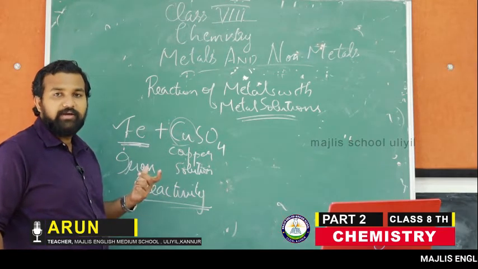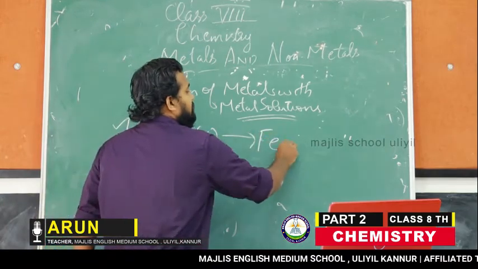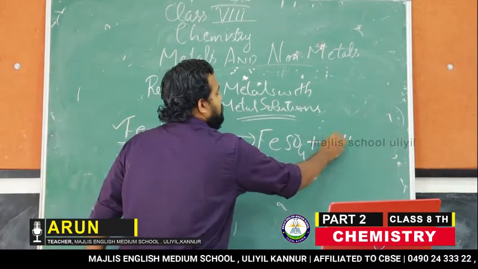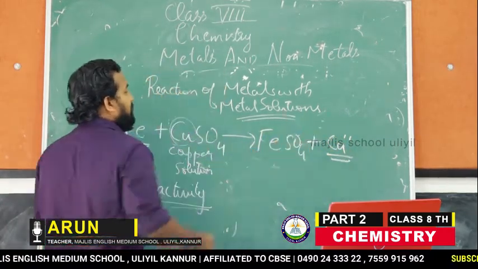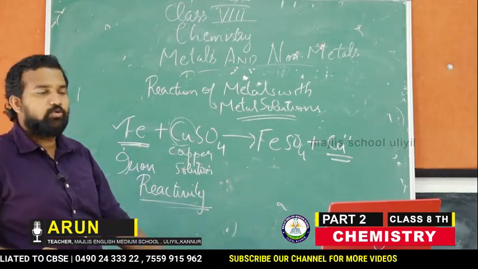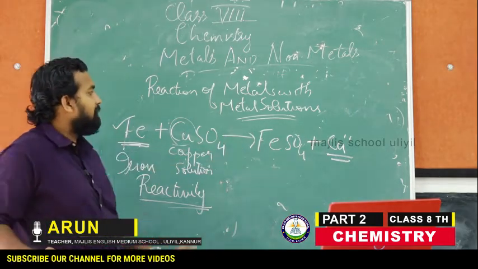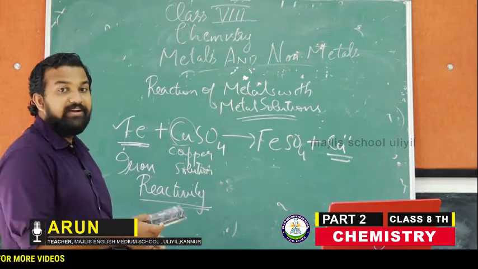The reactivity of iron is more than that of copper. So it will displace copper from its solution and form its own solution, and copper will be converted into metal itself. It will be thrown away from the solution. So copper will remain as copper metal, and the solution will be turned into iron sulfate.